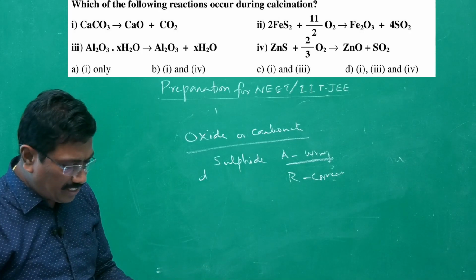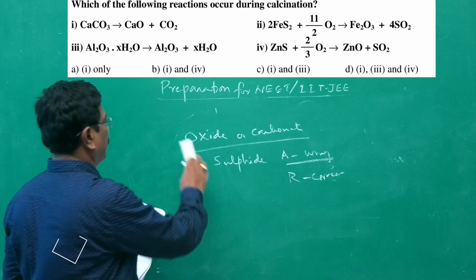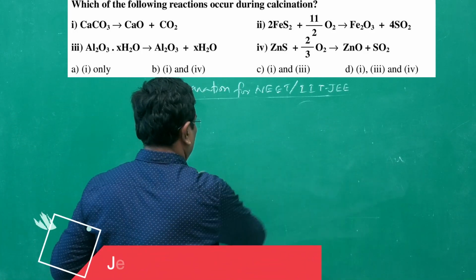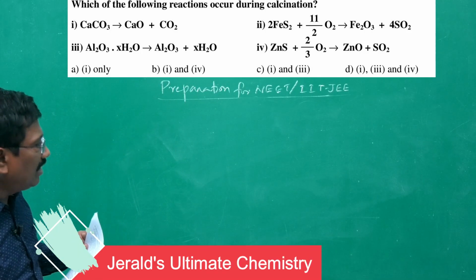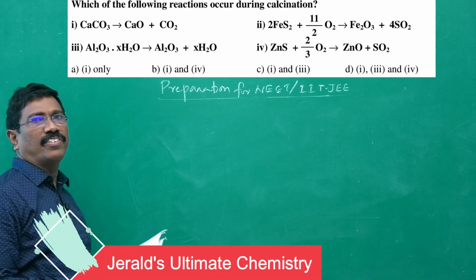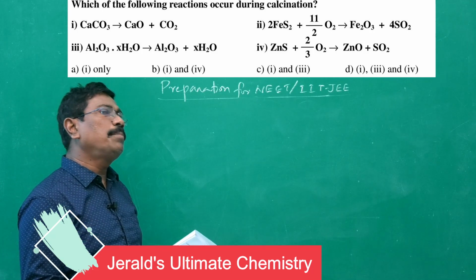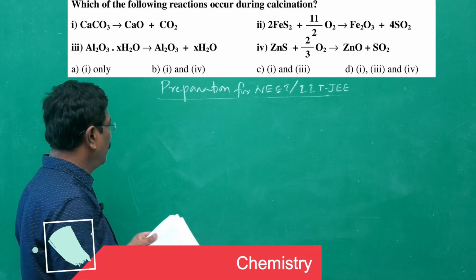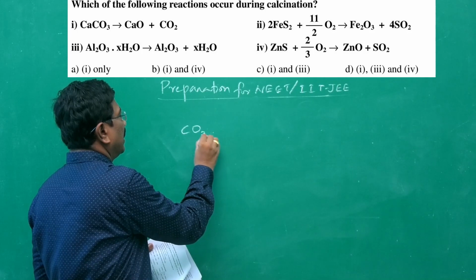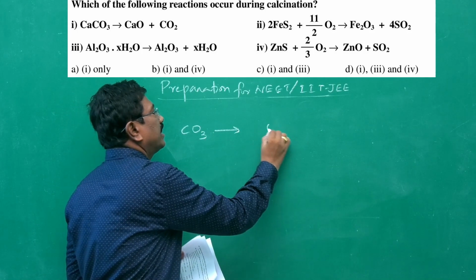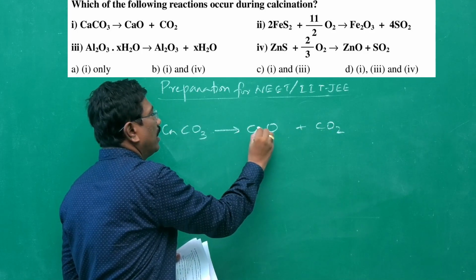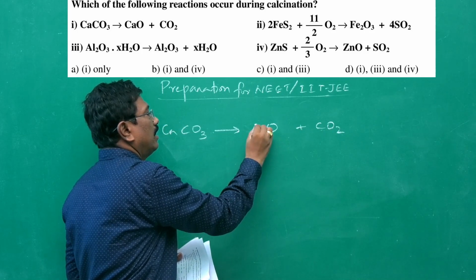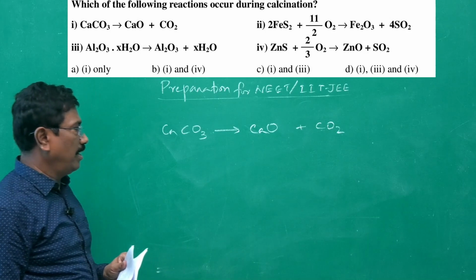Which of the following reactions occur during calcination? Calcination is heating the ore in the absence of air or with a limited supply of air, so that carbonates get decomposed to give oxide and carbon dioxide. Maybe calcium carbonate gives calcium oxide and carbon dioxide.